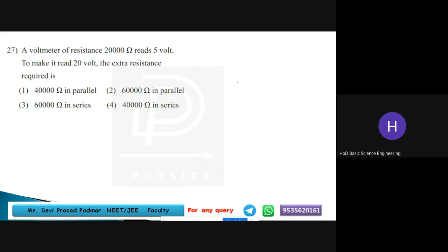Just go through this. A voltmeter of resistance 20,000 ohm reads 5 volt. To make a reading of 20 volt, the extra resistance required is.